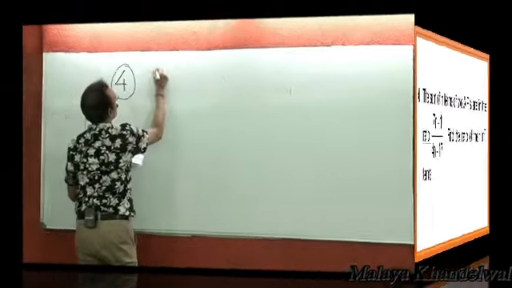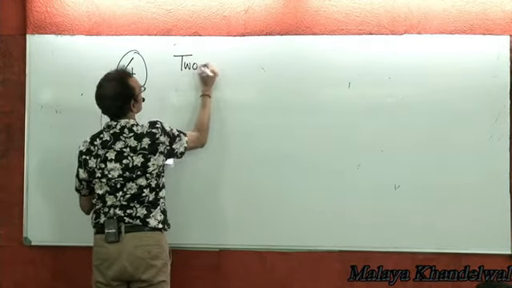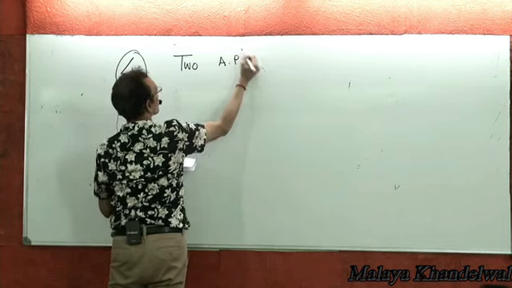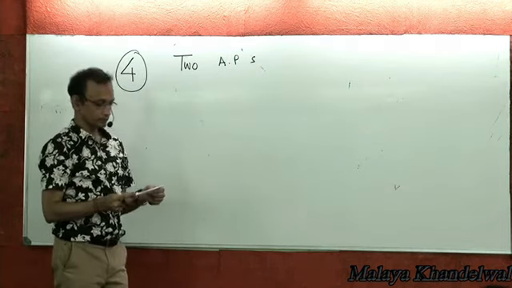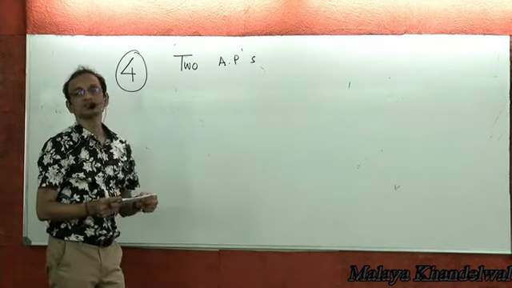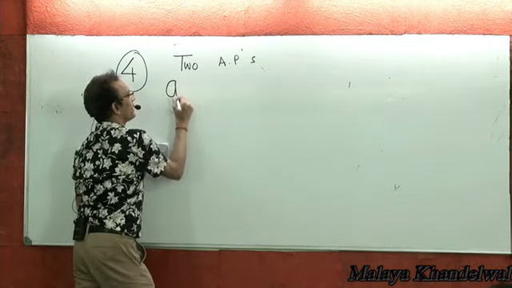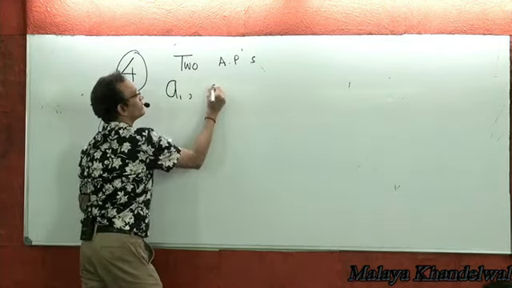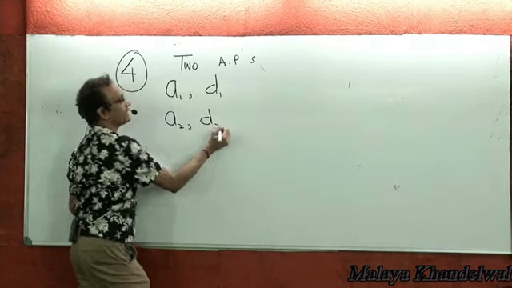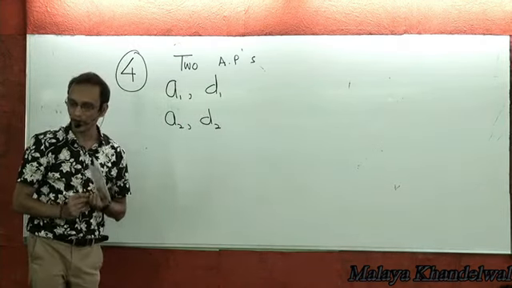So there are two APs. Two APs are there. And the sum of n terms of the two APs, say one AP is first term A1 and common difference D1. Second AP is first term A2 and common difference D2. These are the two APs, right?